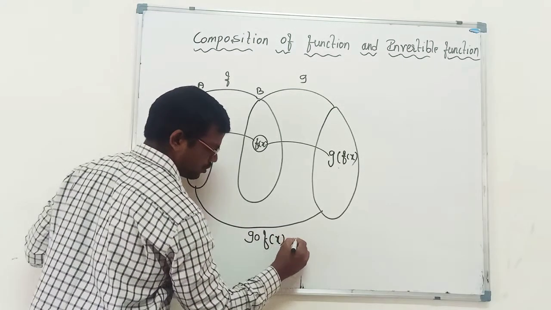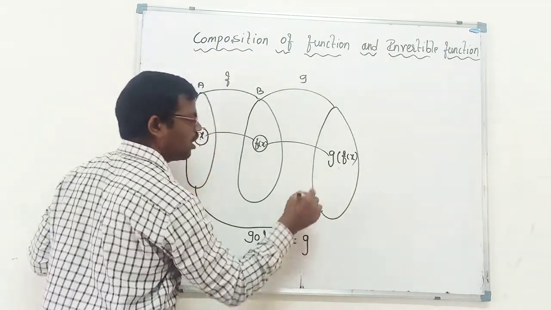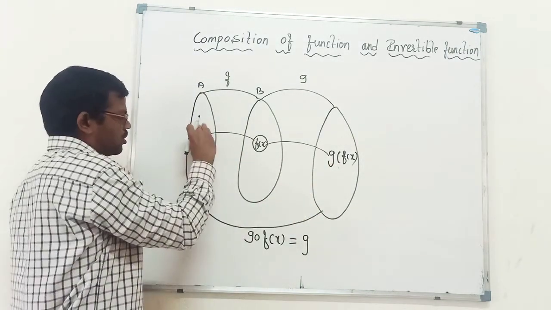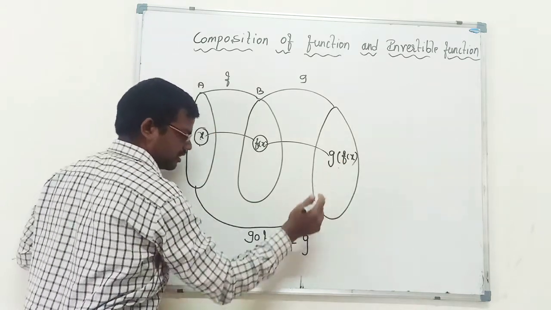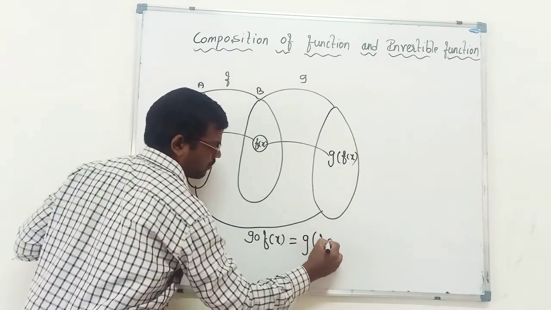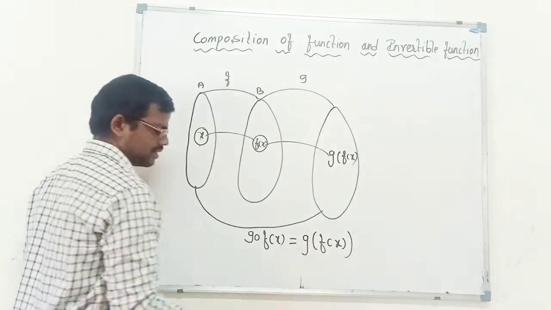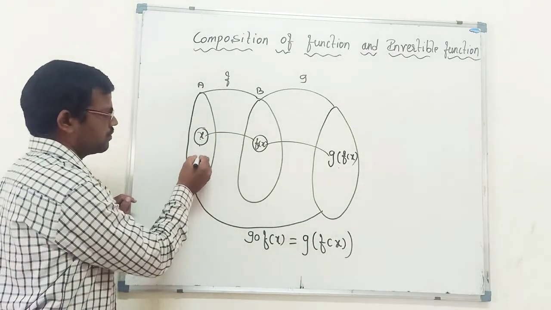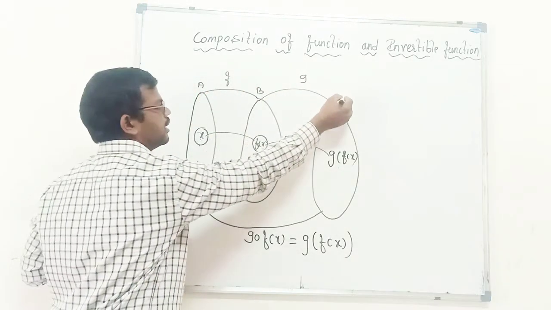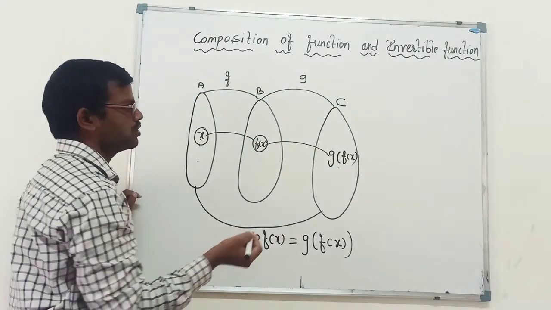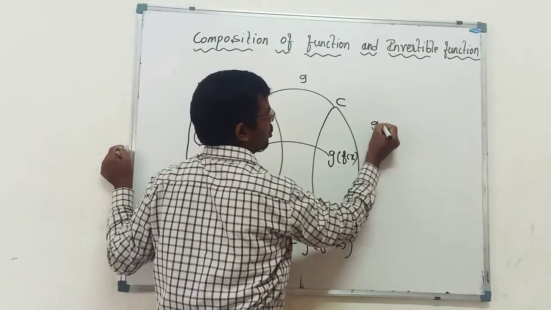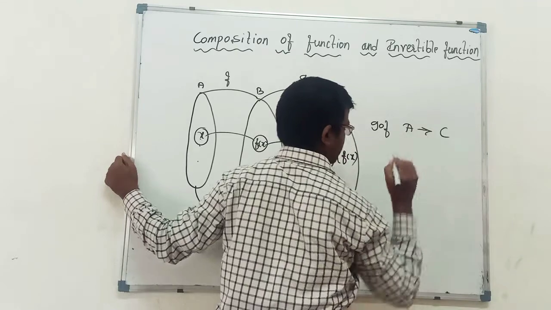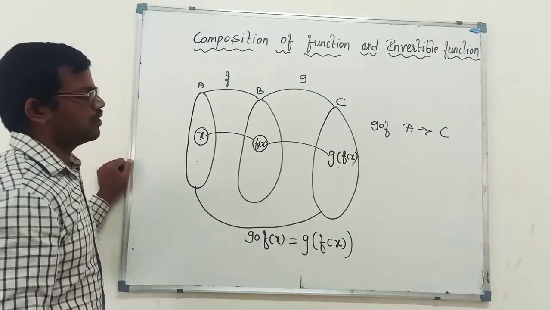For this element, what we got here is g of f of x. So this is the definition of the composition. g o f is a function from A to C. So this is the composition of the two functions.